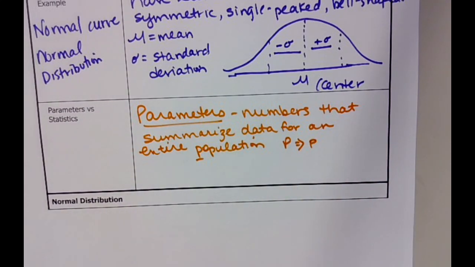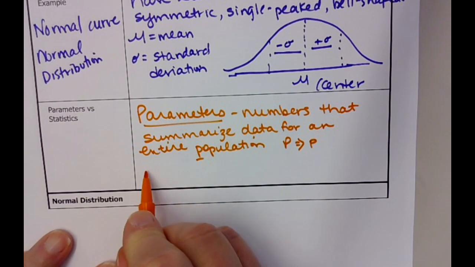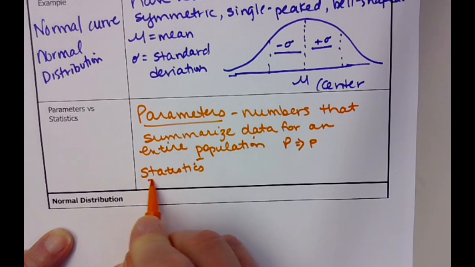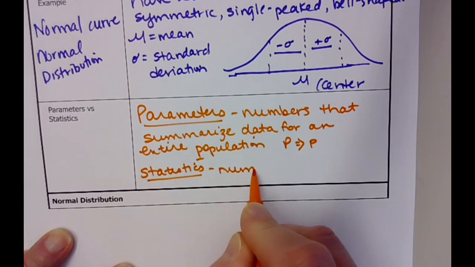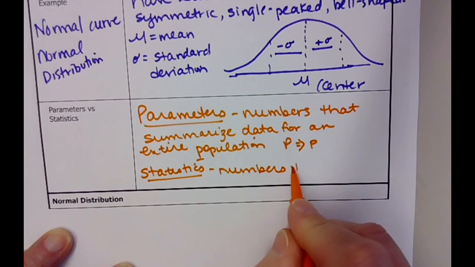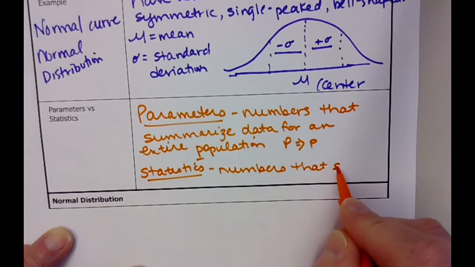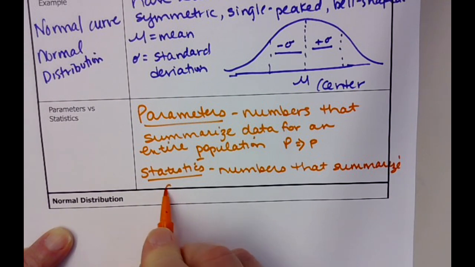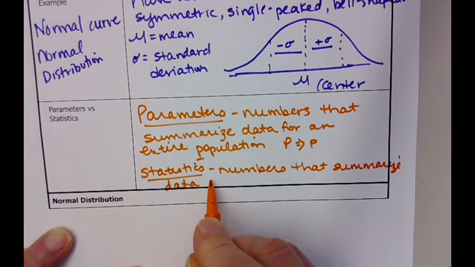And statistics are numbers that summarize data from a sample, or for a sample.